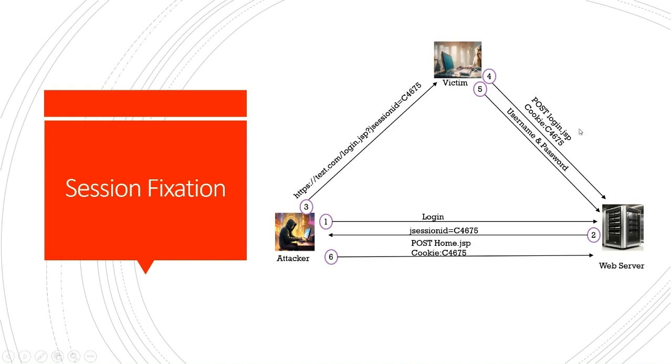Once the victim enters a valid username and password, they get access to the application. Now the victim is already logged into the application with this session ID. What will the attacker do? It is already in the login page with this session ID. The attacker will refresh his page. Once he refreshes, he can get access to the application which the victim is already logged in to.